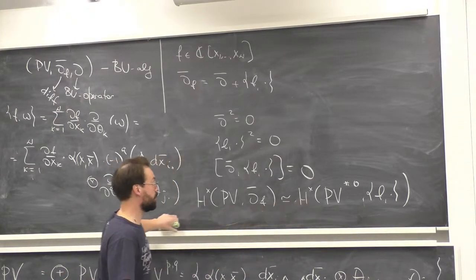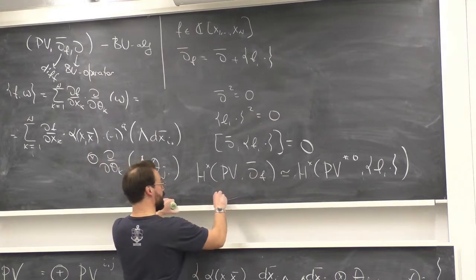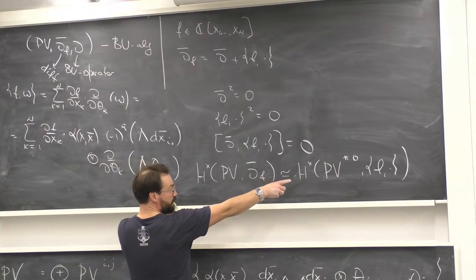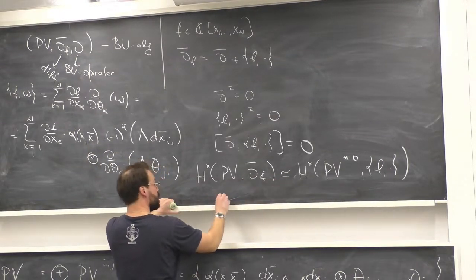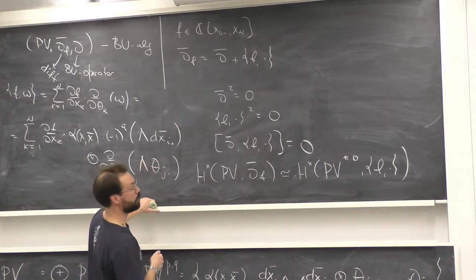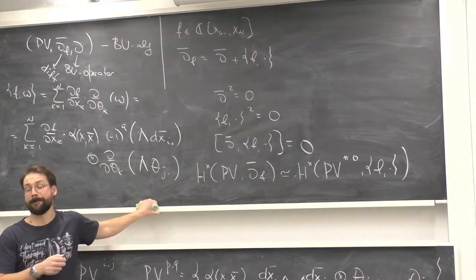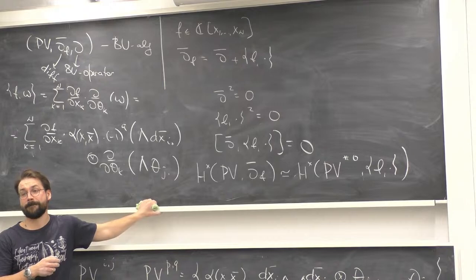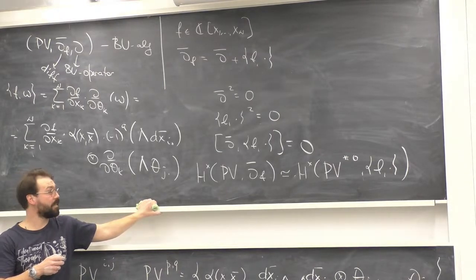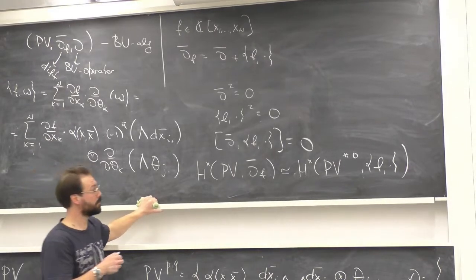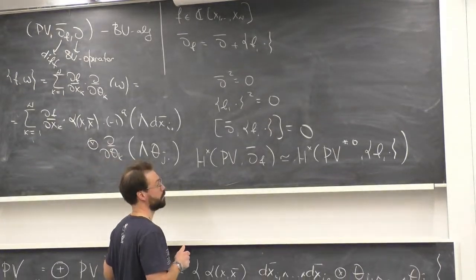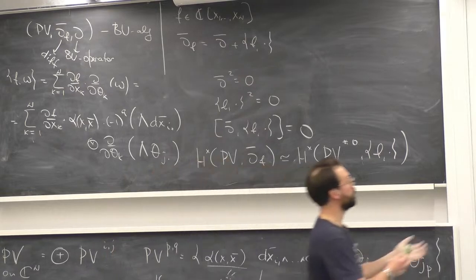So this cohomology is. You mean that you assume that d-bar cohomology vanishes in degree greater than 0? Yeah.